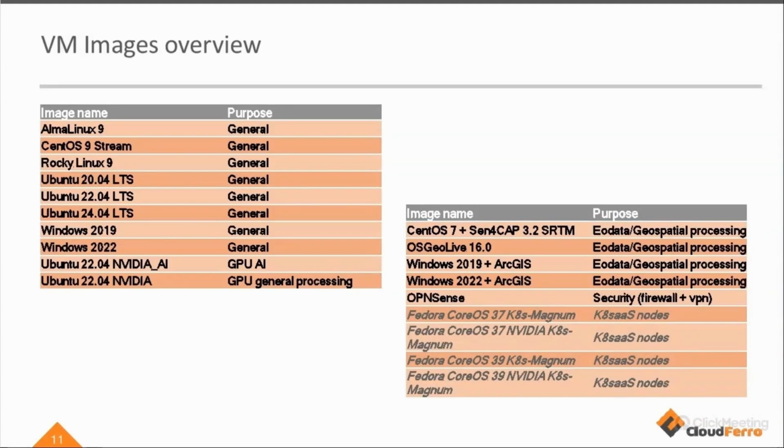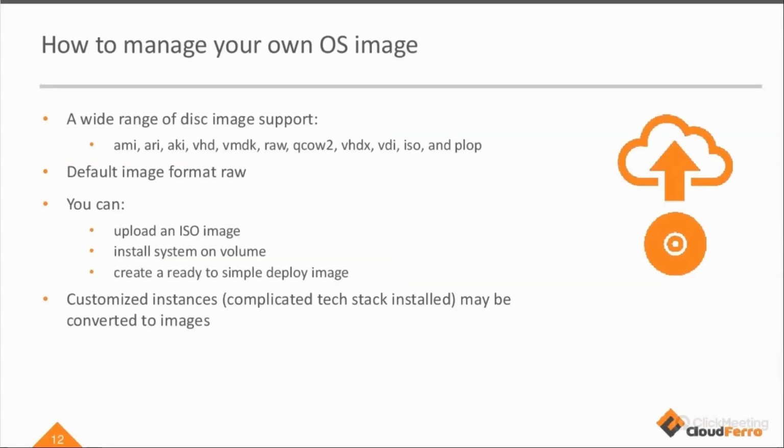If you have more specific needs, like those related to geospatial data, we provide some images with ArcGIS, Sen4Cap, or for security reasons, we provide the image of OPNsense operating system for security, firewall and VPN.